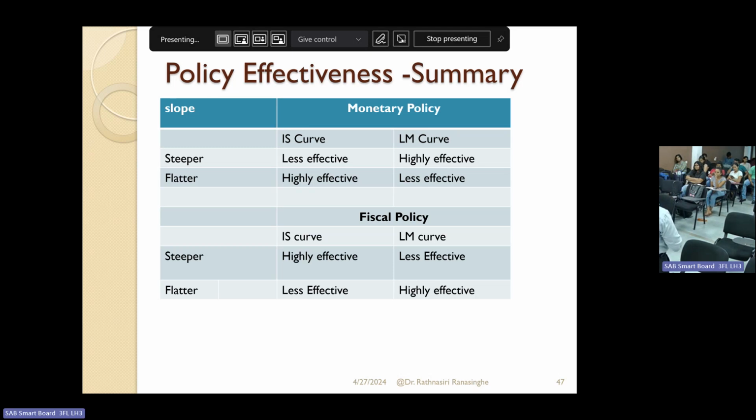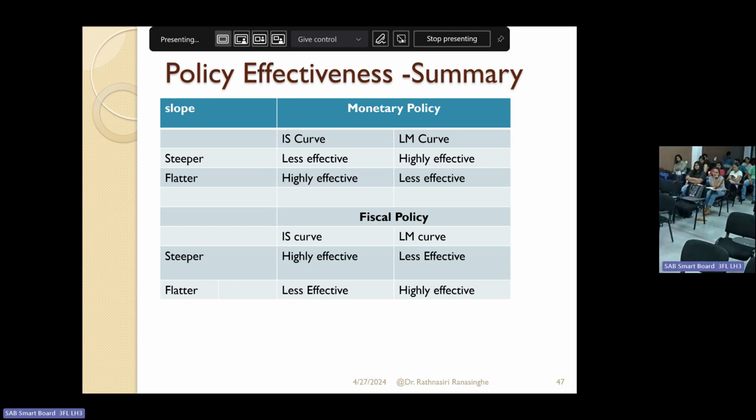What does a steeper investment curve mean? Even though the interest rate changes, there is no change in the investment. So that means low interest elasticity of investment. A flatter IS curve means a highly sensitive situation, high interest elasticity of investment.